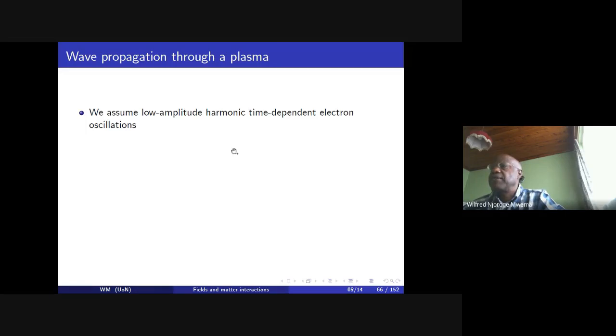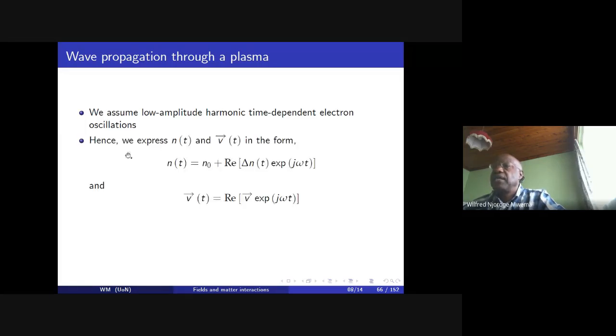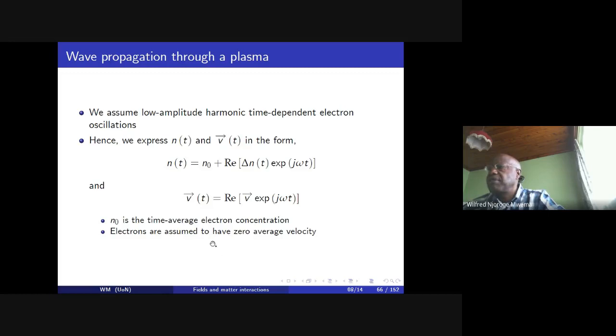That is, the displacements are not very large, and therefore we can express n of t and v of t to be of the form n0, that is a time average value, plus the real part of the time-dependent changes in the electron concentration, and v would be given the same way. N0 is the time average electron concentration, and the electrons will be assumed to have zero average velocity, and that's why we don't have a v0 adding to a change value.